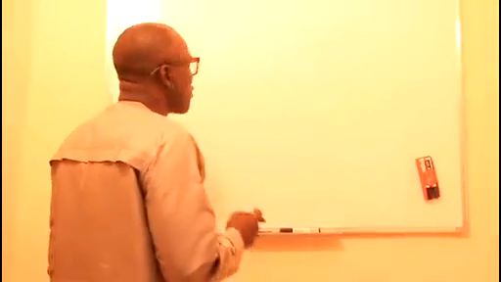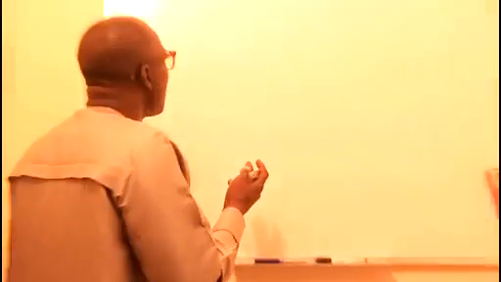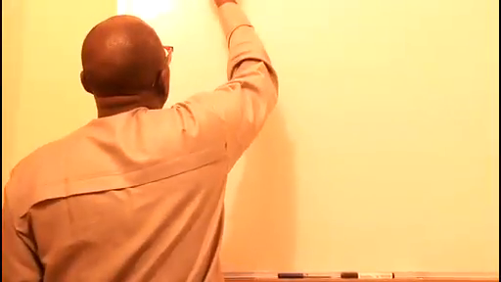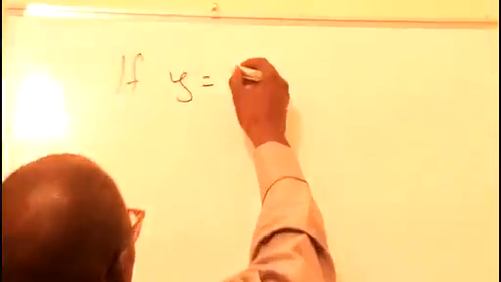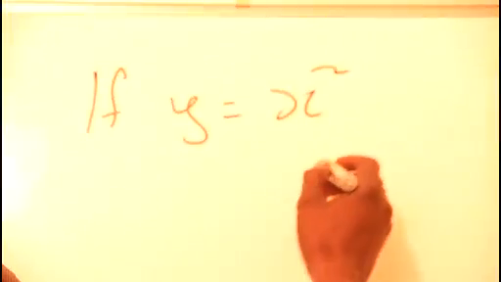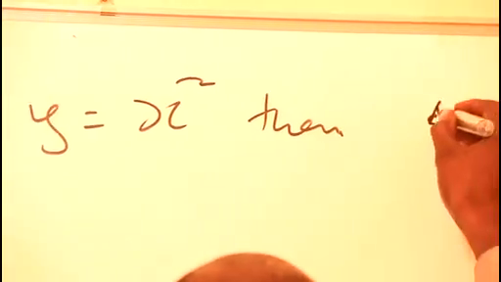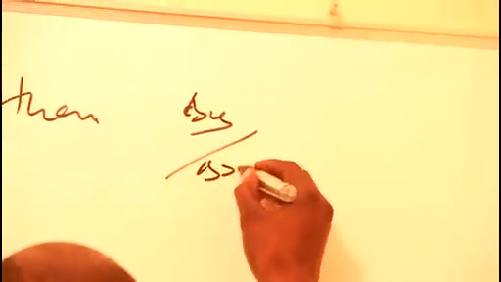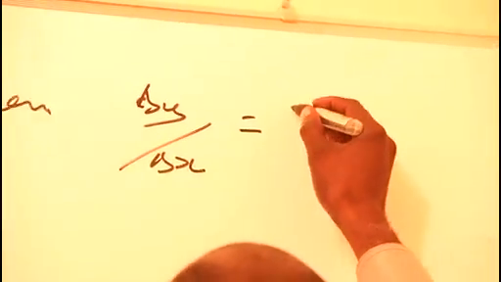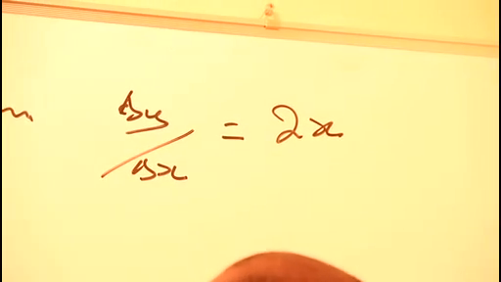Okay, from what we've done, you will notice that if y is equal to x squared, then dy over dx will be equal to 2x.